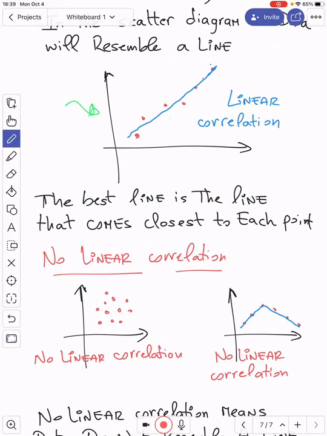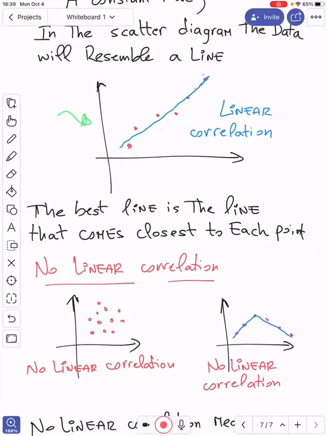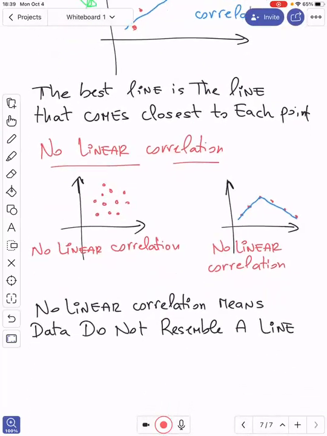But if for some reason all the points lie on a straight line, then we have what we call a perfect linear correlation. Okay, so if all the points lie on the same straight line, then we're going to have a perfect linear correlation.